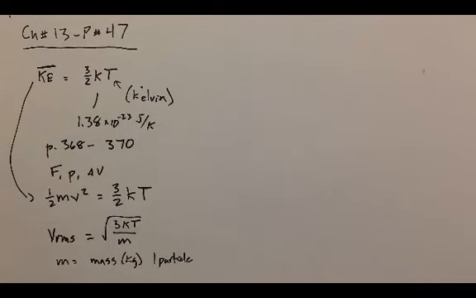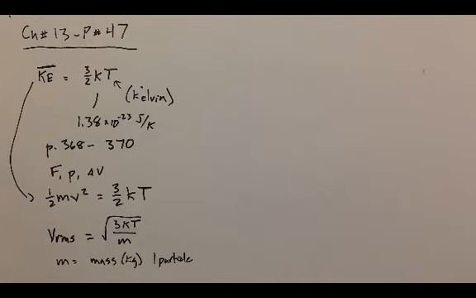But enough about this. Let's get to our problem number 47, which states: calculate the average speed, or root mean squared speed, of the average helium molecule that's floating around the sun. And we're told here that the temperature of the sun is about 6,000 Kelvin in the outer part of the sun.